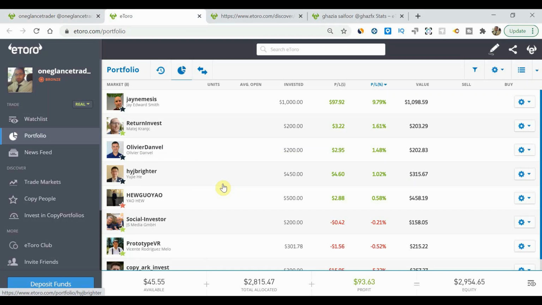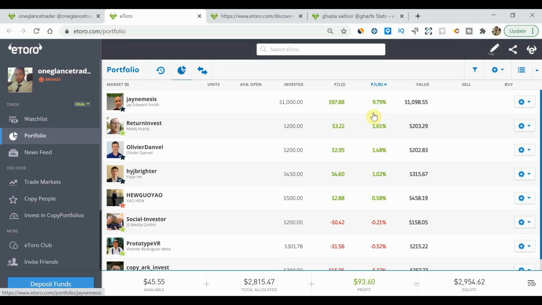Some profitable trades have been closed out, which is why I have an available balance of just under $50. And total equity in this particular account is just shy of $2.95 thousand.